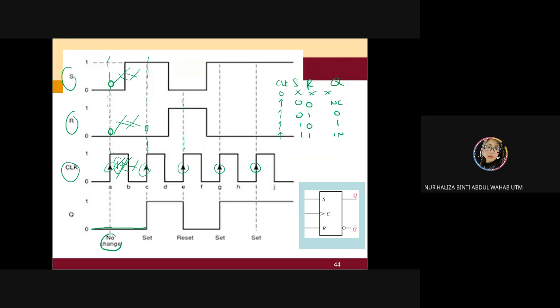Here is 0, here is 1. 1, 0 will be 1. So it will be set. And it will continue until your next trigger. Your next trigger is 1 and 0. 0, 1 will be reset. Reset there, you can see.